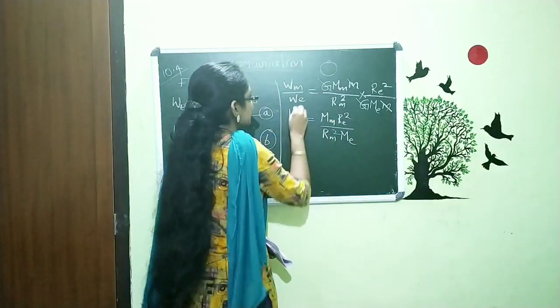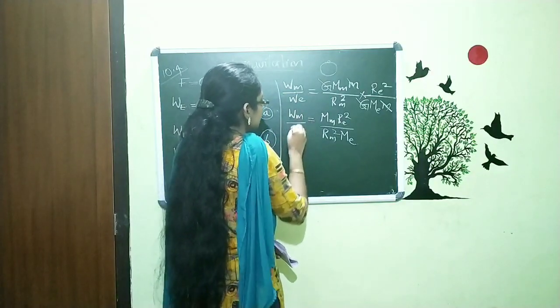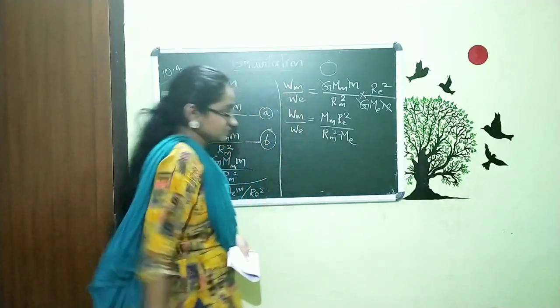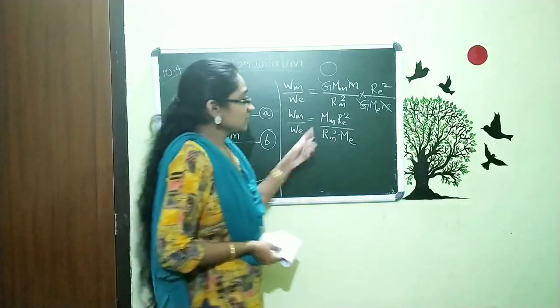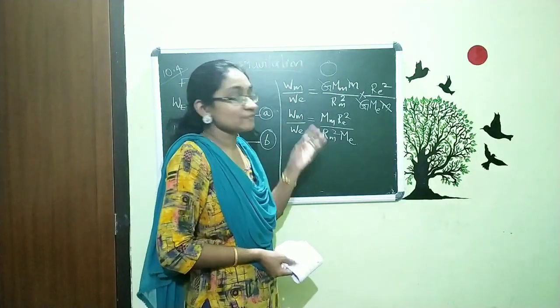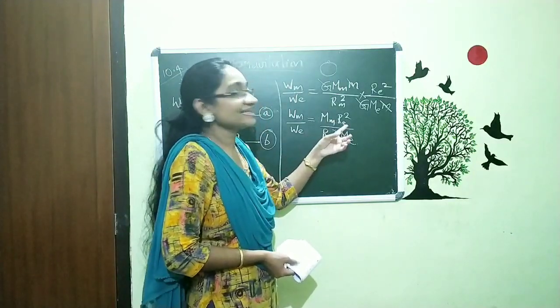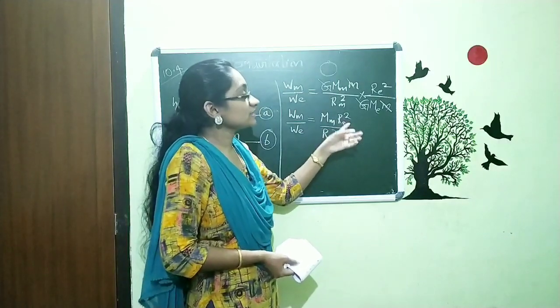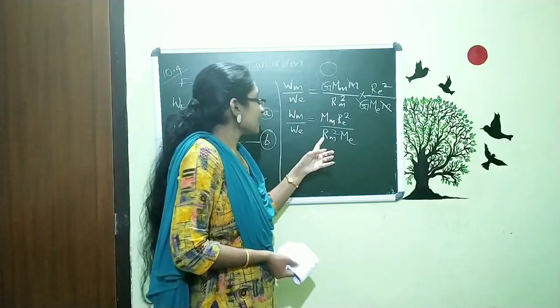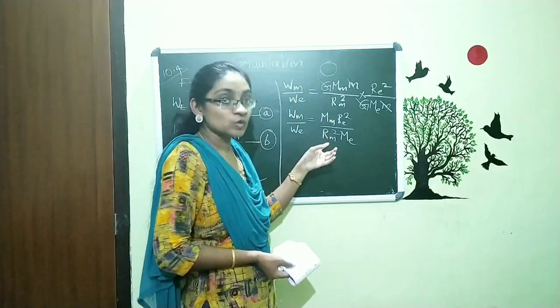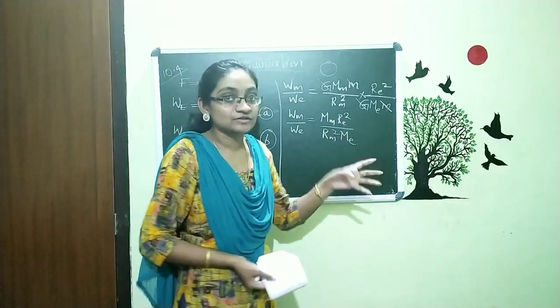Here MM means the mass of the Moon, Re is the radius of Earth squared, Rm means the radius of Moon squared, and ME is the mass of Earth.